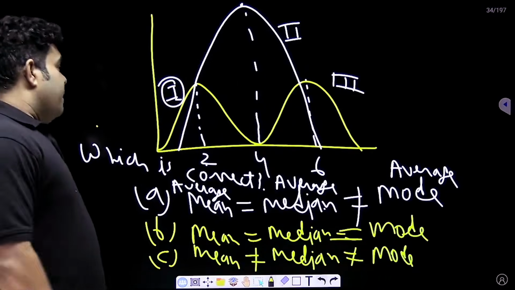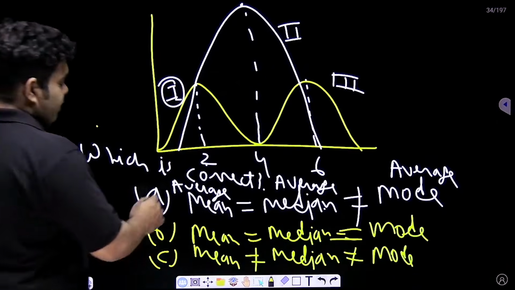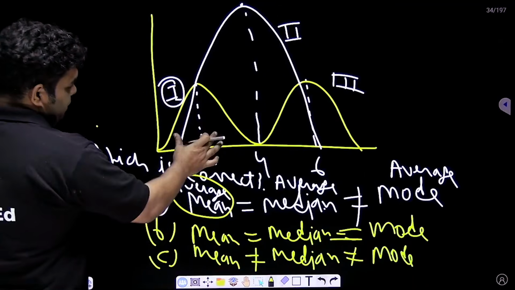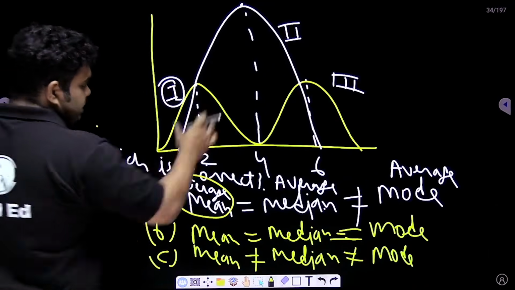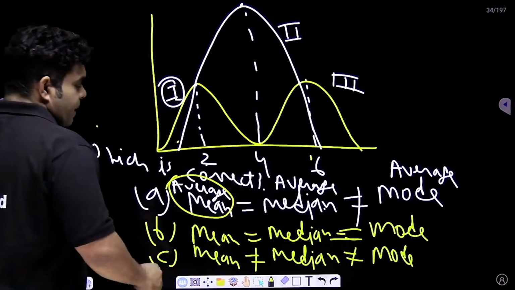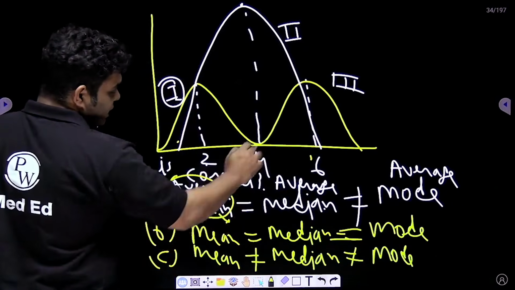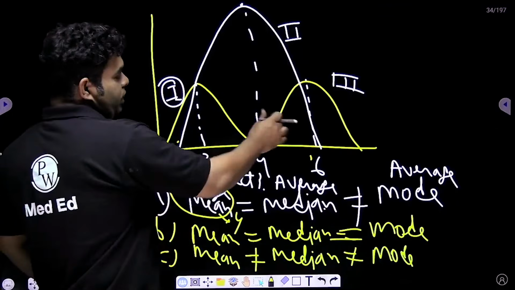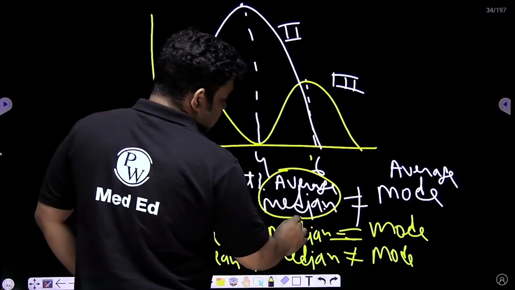So the point is, as I said, the average mean of the first curve is 2, second curve is 4, third curve is 6. So average mean of all the 3 curves is 4. Average median, middle point of all the 3 curves, is also 4.